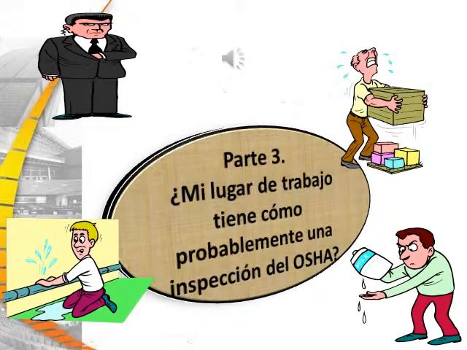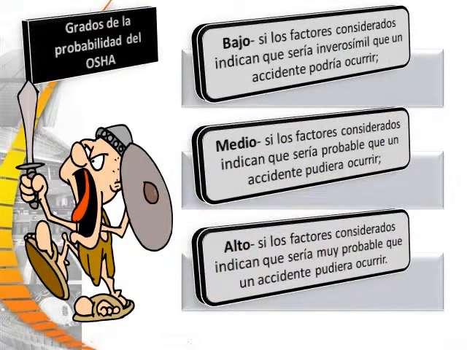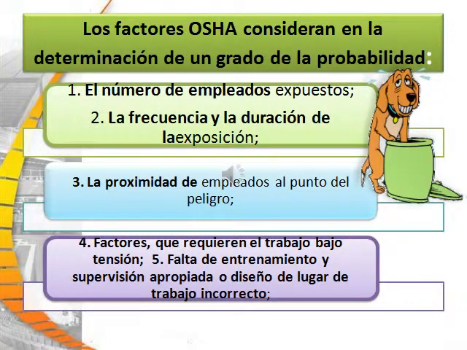Part 3. How likely will OSHA inspect my workplace? Factors that OSHA considers in determining a probability rating: the number of employees exposed will be the number one factor, the frequency and duration of the exposure, the proximity of the employees to the point of danger.